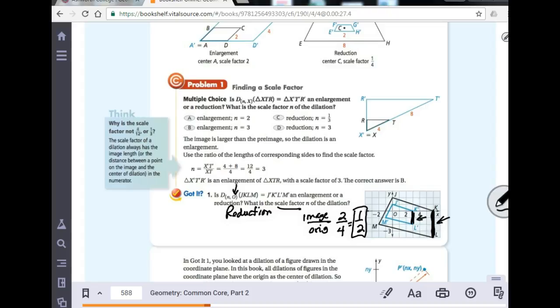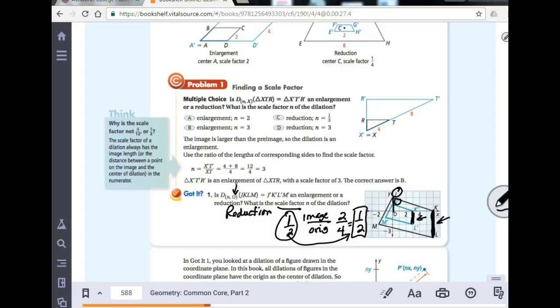So what I wanted to show you here is, say for instance, we just picked J and J prime. J, which is the original image, was 2 spaces away from the origin, and J prime, which is the image, was only one space. And if you'll notice, we get the same thing as we did if we compared side to side. So that's just another way to find scale factor.